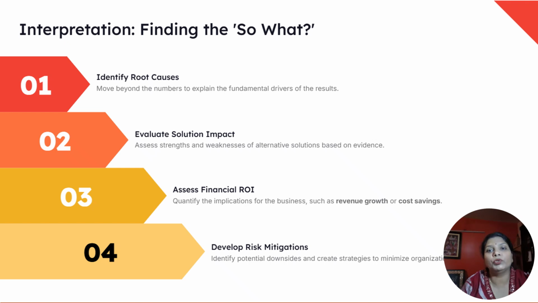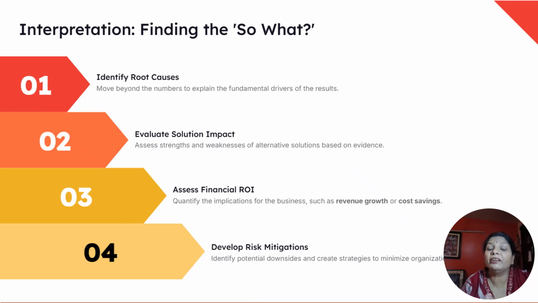Next, we evaluate solution impact, where alternative courses of action are compared using the evidence, or a kind of feasibility testing. Which particular course of action would be the most feasible and worthwhile to work on? What improves performance, what may worsen it, and under what conditions would such solutions work best? Then you assess the financial return on investment, which is very important.